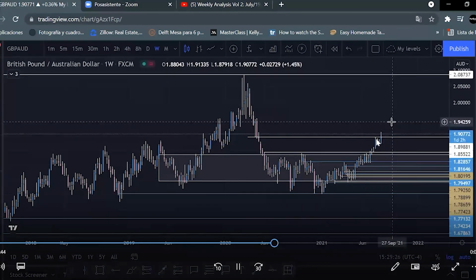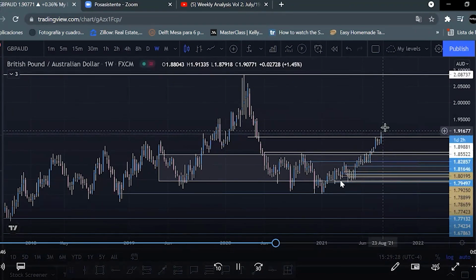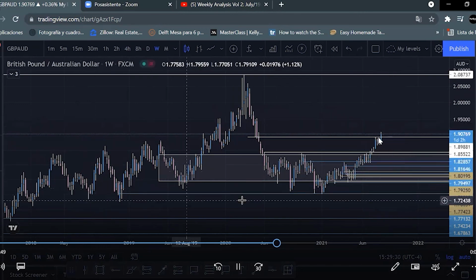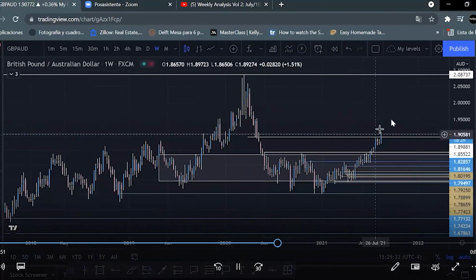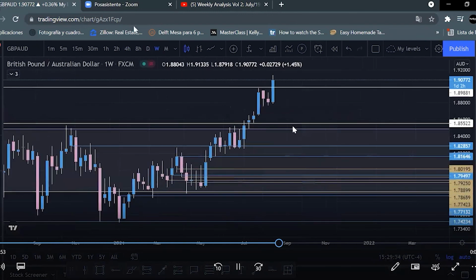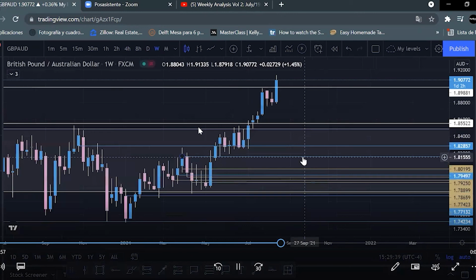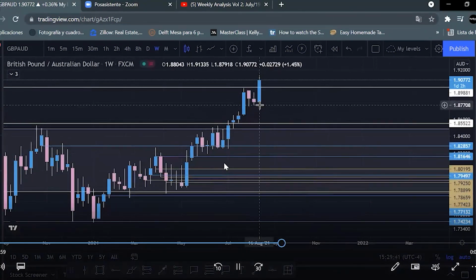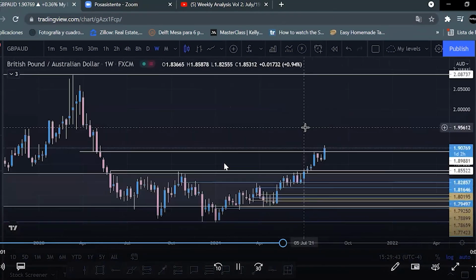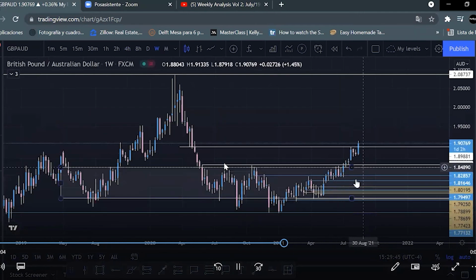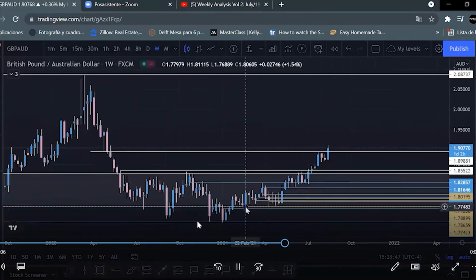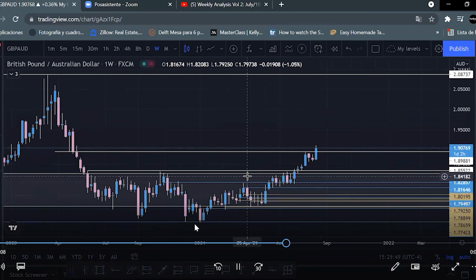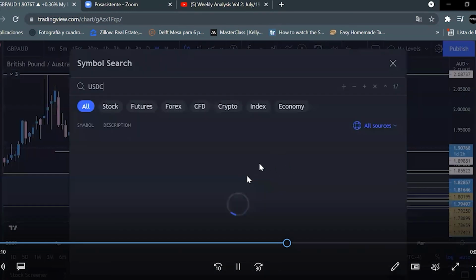So all this is just a manipulation move to get retail traders thinking it's going to start going higher. And I really expect the downside movement to be a lot faster than all this upside movement. So we'll see if we get that for GPAUD by the start of next week or next month. Okay, but just keep in mind that we should possibly see some reversal signals.